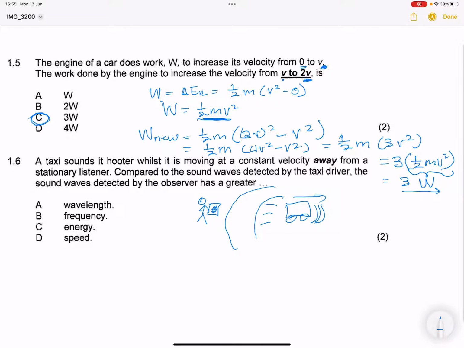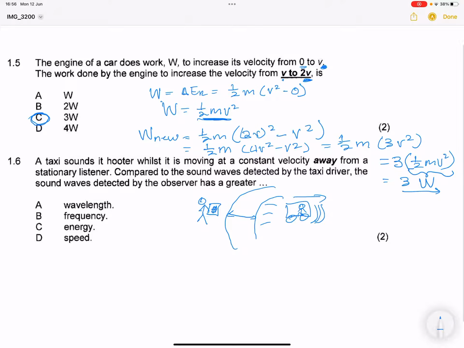So they said compared to the sound waves detected by the taxi driver, remember the taxi driver will actually hear the actual frequency of the taxi. The sound waves detected by the observer has a greater, now note in this case, it will have a greater wavelength.